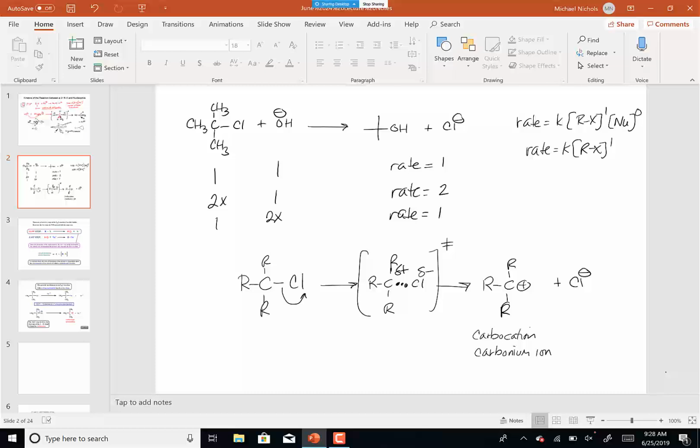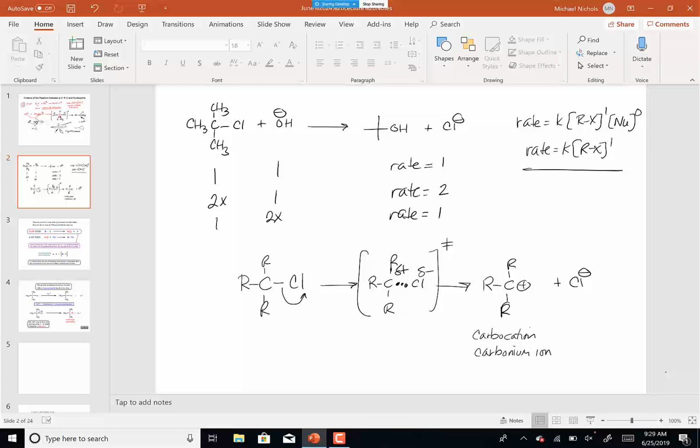Now, if I said, what's the rate of this equation? In the mechanistic step, I can write the rate equation based on the stoichiometric coefficients. Remember, in the overall reaction, I have to determine it experimentally.